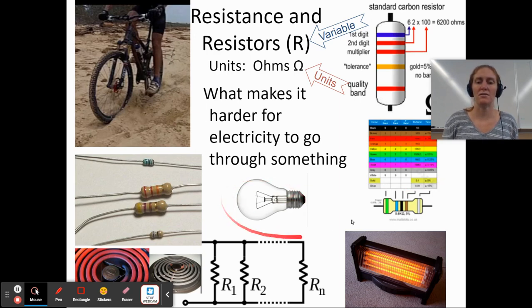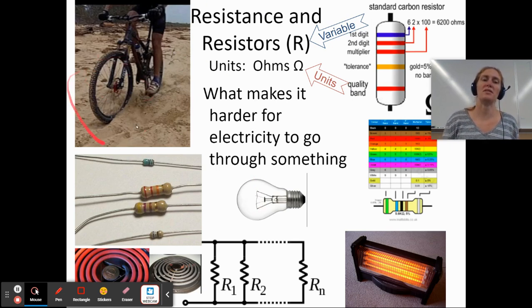And then lastly, we have light bulbs. Light bulbs are also a resistor, especially this middle part here that lights up. That's called the filament. When you put electricity through this part of the light bulb, it gets very hot. And when it gets hot, it glows, and then the light is turned on. And so if you turn off the light bulb, then it'll stop glowing so hot.